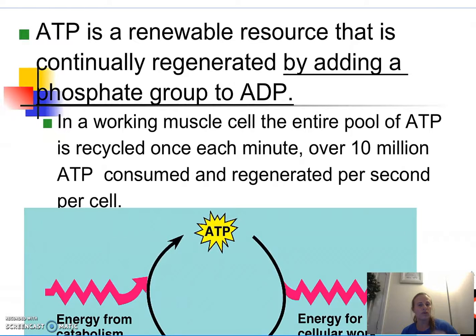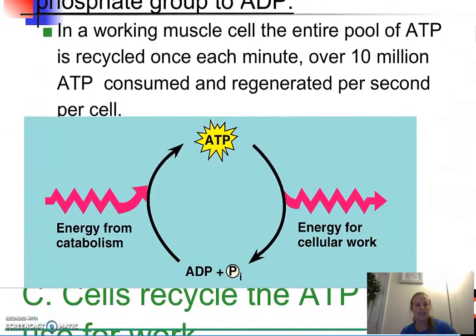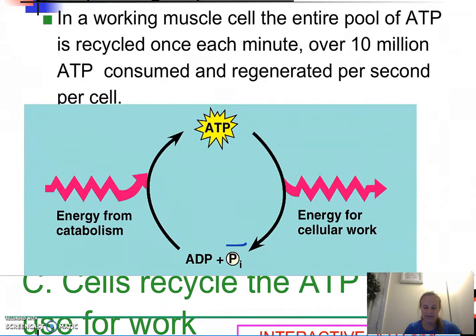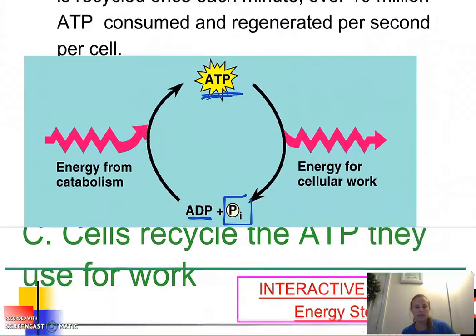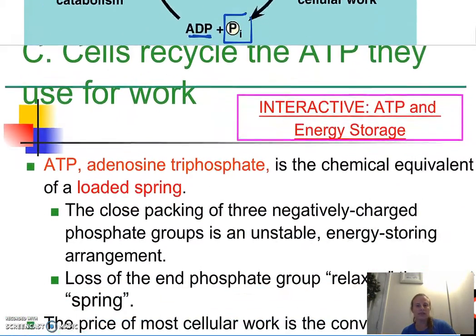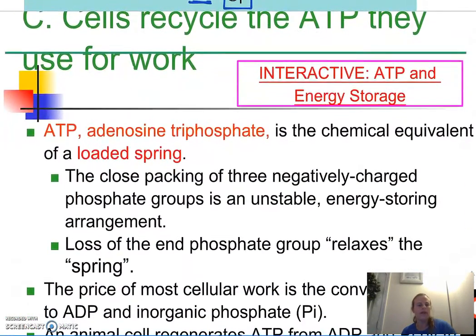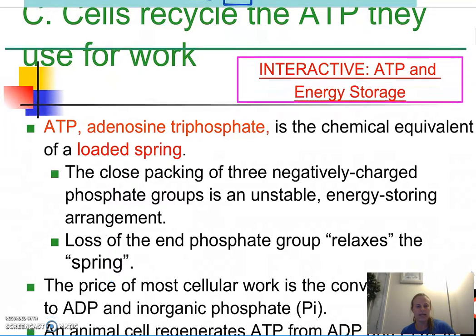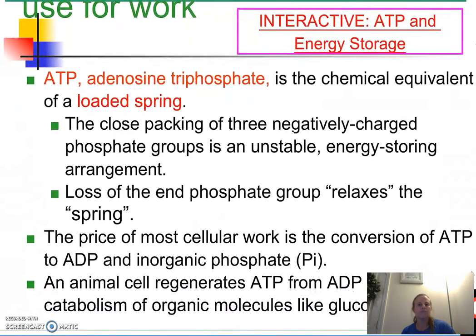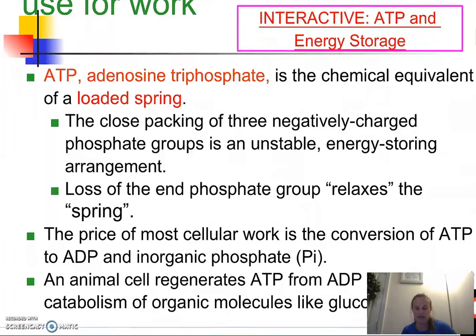ATP is renewable because I can continuously add a phosphate to ADP, creating ATP, so cells recycle the ATP they use for work. If you think of it like a battery, ATP is a fully charged battery, where ADP is still waiting for the charge. ATP is like a loaded spring, waiting to release that energy.